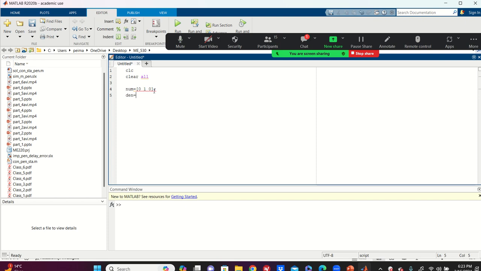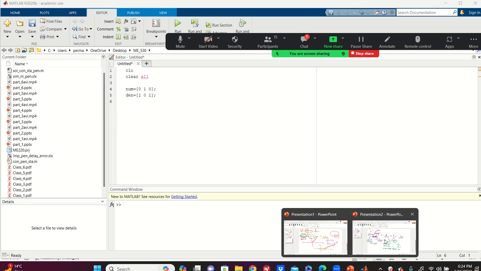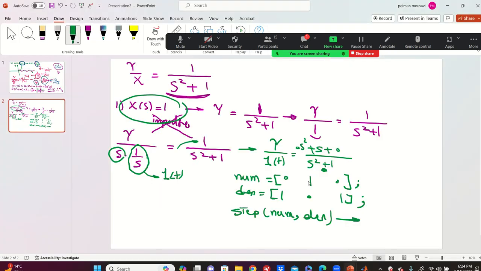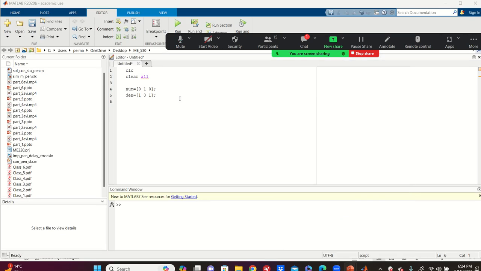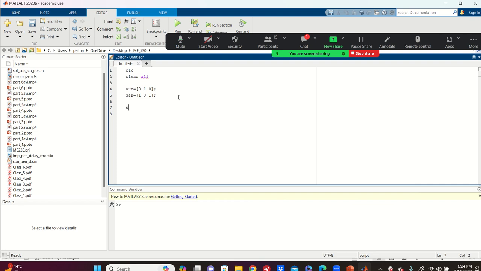Then den is 1, 0, and 1. Then MATLAB knows this command, step of num and den. This is the closed-loop transfer function. I'm writing here, guys.